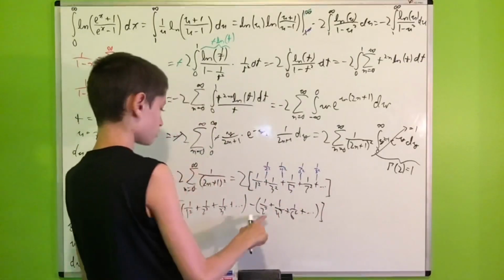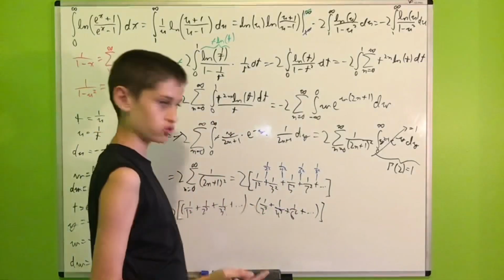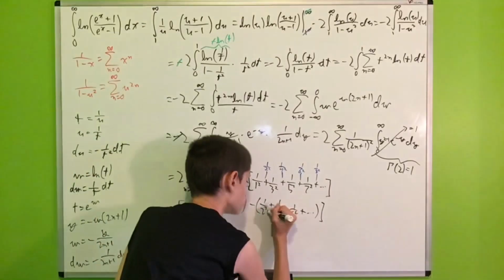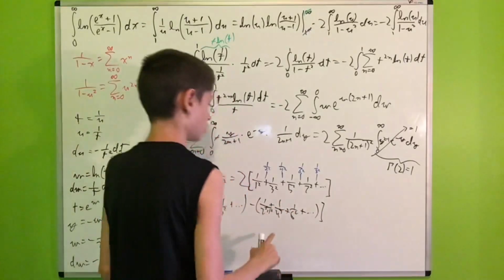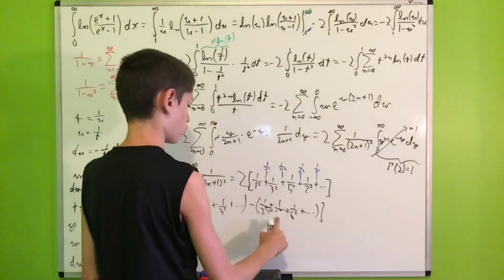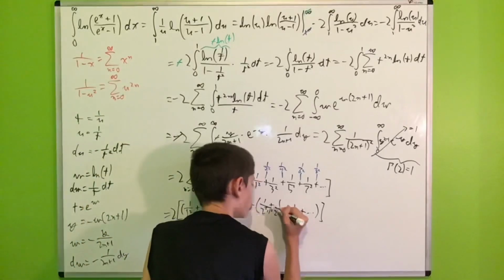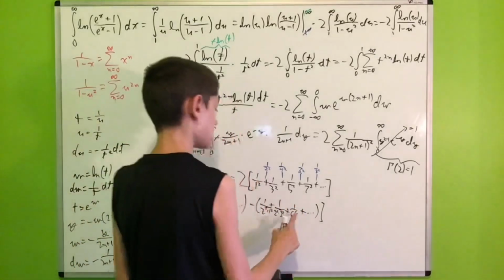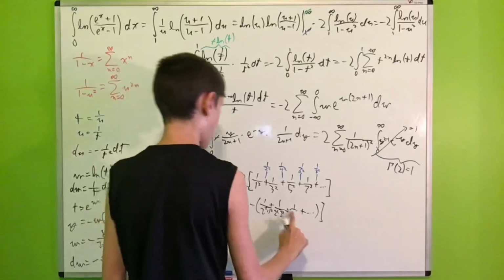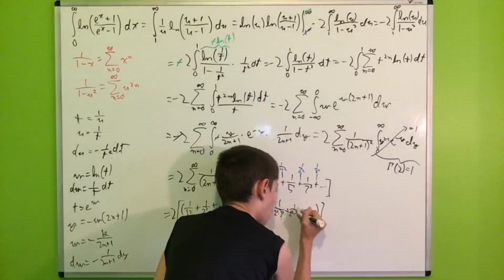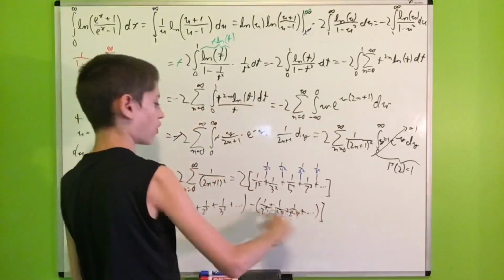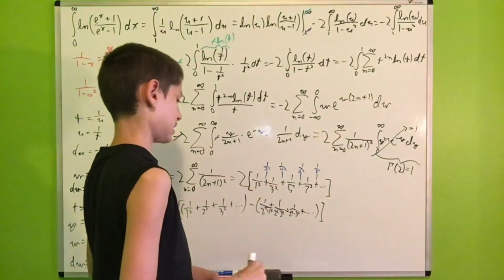And now, 2 is 2 times 1, so 2 squared is 2 squared times 1 squared. 4 is 2 times 2, so 4 squared is 2 squared times 2 squared. 6 is 2 times 3, so we'll have 2 squared times 3 squared, and this goes on for all of the terms in this second infinite series.